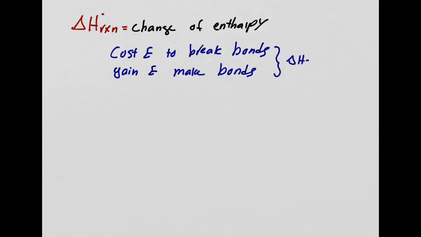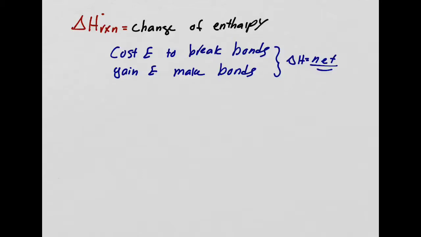Delta H is your net profit. How much does it cost to break the bonds? How much energy did I gain to make those bonds? Making bonds, you gain energy. Breaking bonds is going to cost you energy. Delta H is your net profit. So far, so good? Okay.